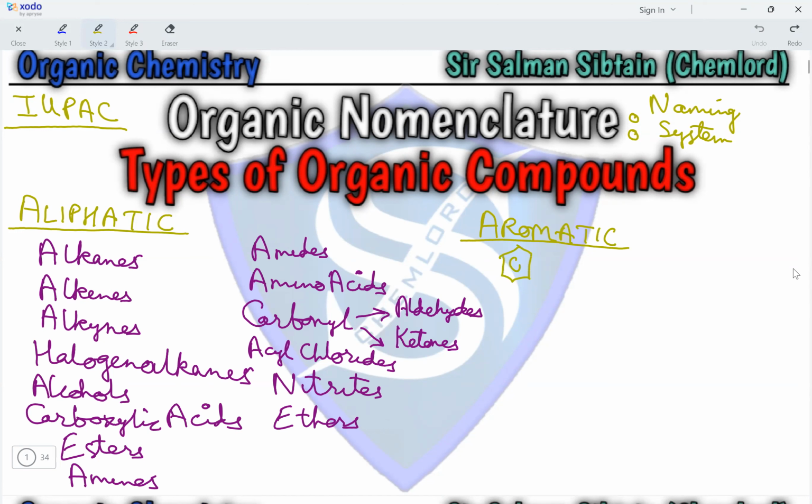This structure is known as the benzene ring and it has a molecular formula of C6H6. Any compound that contains a benzene ring will be considered an aromatic compound. The compounds that we are going to study will be classified under benzene and its derivatives.